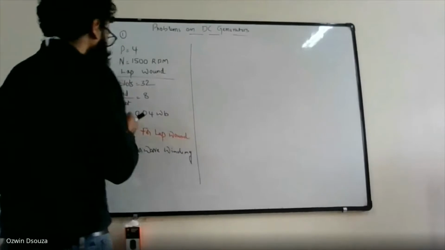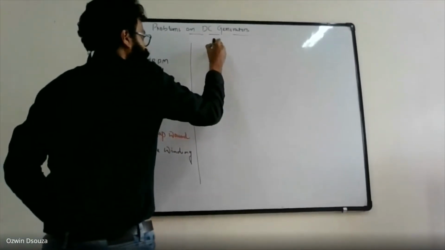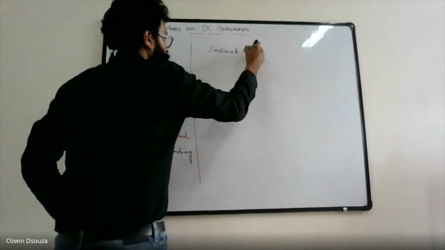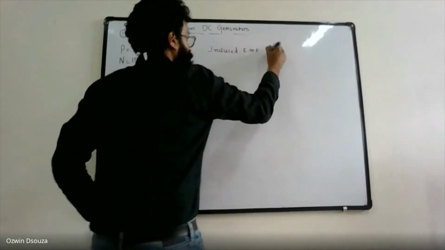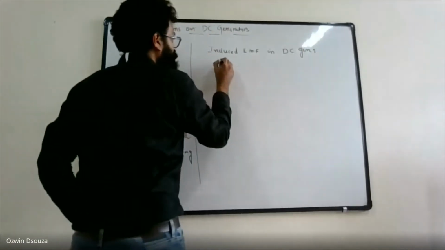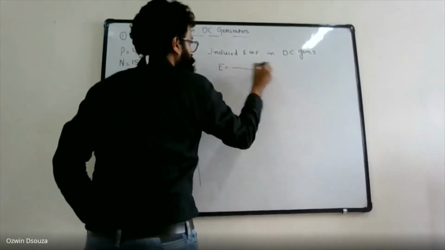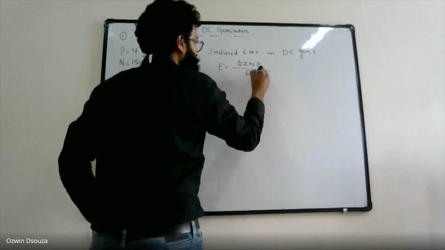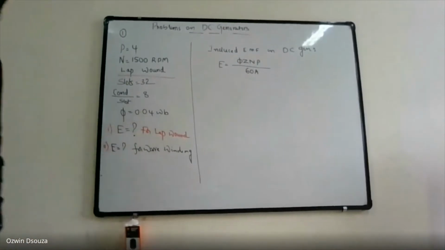So induced EMF in a DC generator can be given as E is equal to phi Z N P divided by 60A. All right.